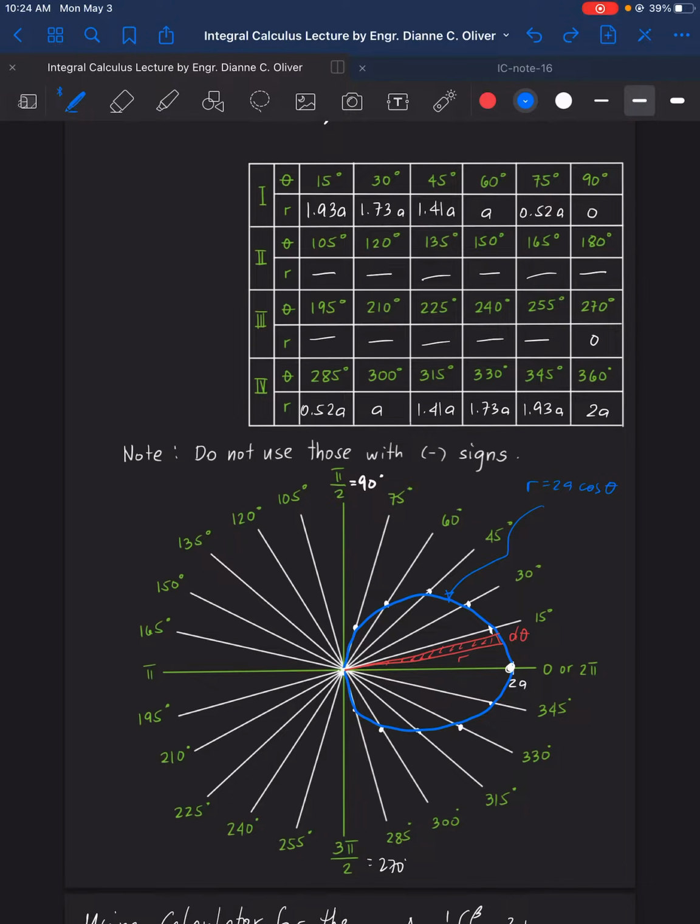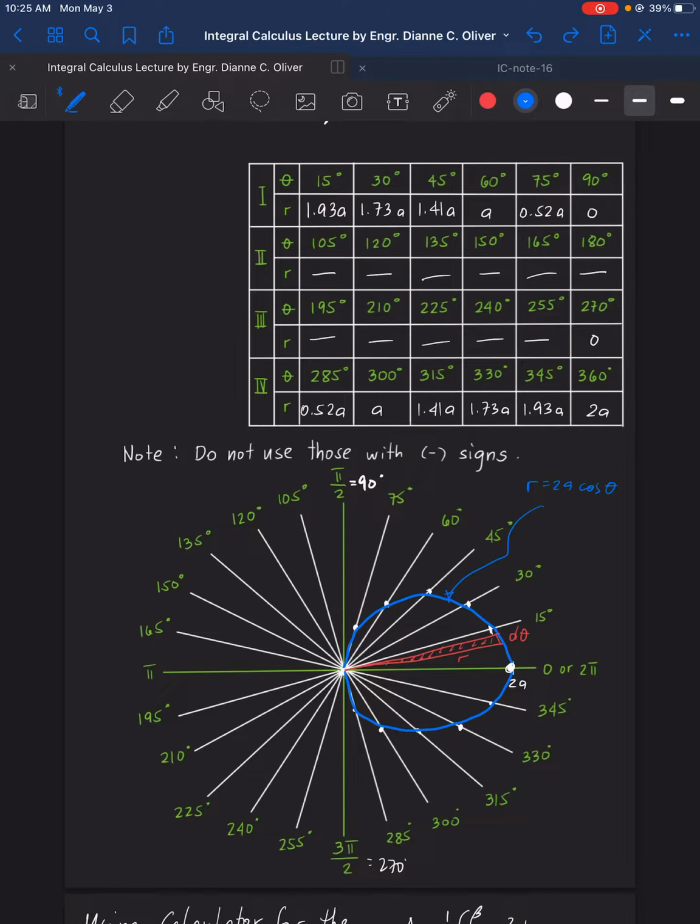Remember that the boundary closes at 0 to 0. I should correct that one. So 0 to 0, the origin to the origin. Meaning, at radius 0, that's where it closes. So the points here are 270 degrees and 90 degrees.